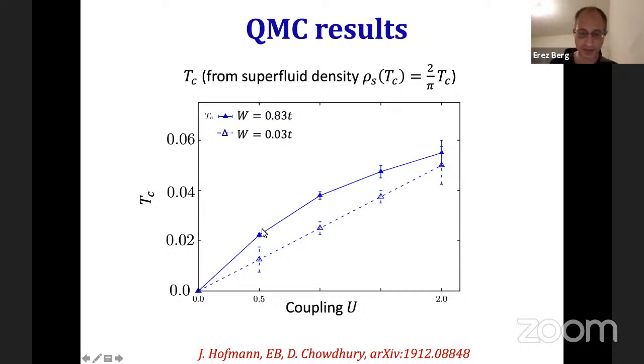You see that Tc rises rapidly with the coupling U. And the interesting thing is that for the case of the extremely flat band, indeed it is very linear as a function of U.